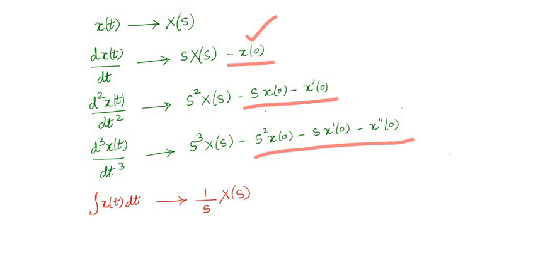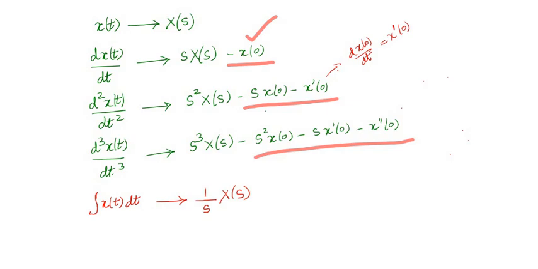It is dx of 0 by dt. This is also shortly denoted as x dash of 0. Both are the same, right?